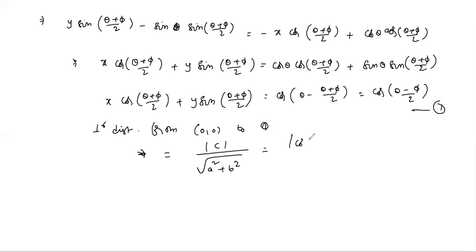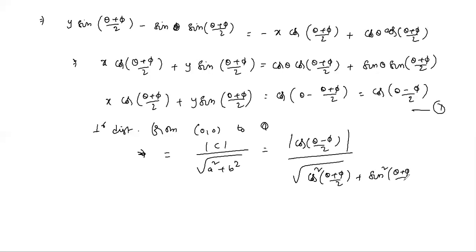Mod of cos theta minus phi by 2 by root of x coefficient whole square plus y coefficient whole square, which is cos square theta plus phi by 2 plus sin square theta plus phi by 2. So the denominator is 1. We don't know the values of theta and phi, so it's better you write the modulus only.